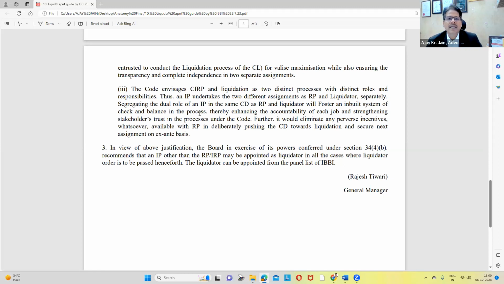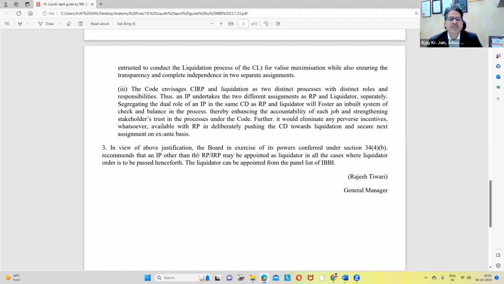Segregating the dual role of an IP in the same CD as RP and liquidator will foster an inbuilt system of check and balance in the process, thereby enhancing the accountability of each job and strengthening stakeholders' trust in the process under the code. Further, it would eliminate any perverse incentives available with the RP in deliberately pushing the CD towards liquidation and securing the next assignment on an ex ante basis.